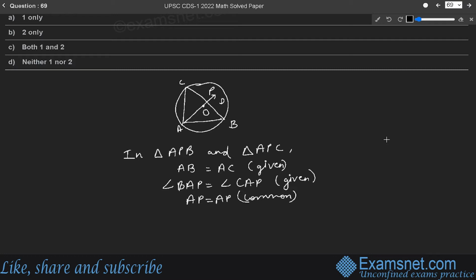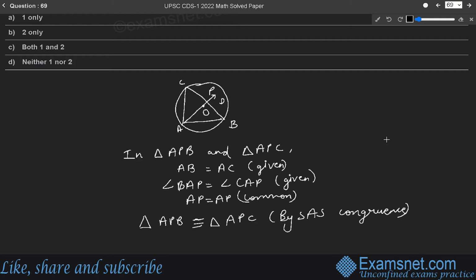So by side angle side, we can say that triangle APB is congruent to triangle APC. By side angle side congruence, I already explained the concept, in which two sides are equal and the included angle is also equal in both the triangles.